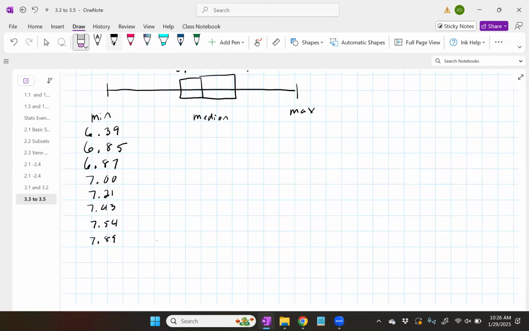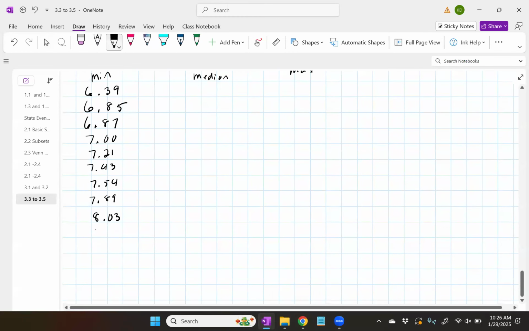Any other sevens? Do I have any eights? Yes, 8.03, and 8.59, 8.8.